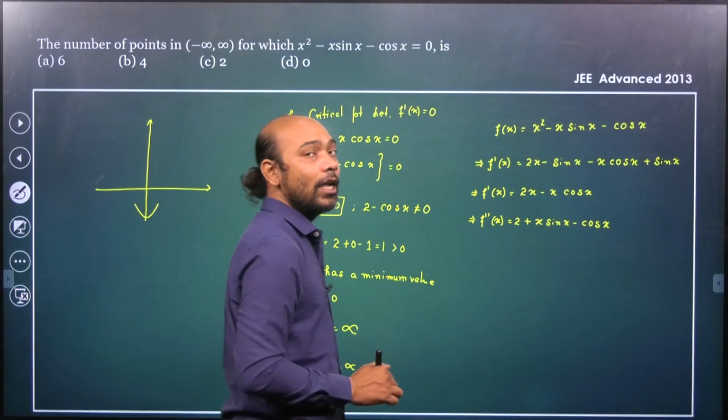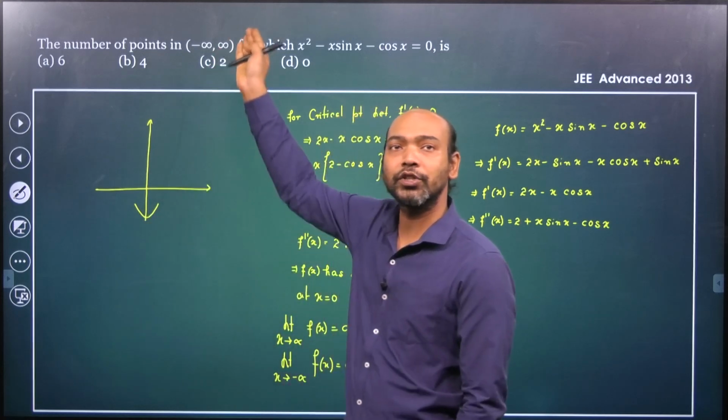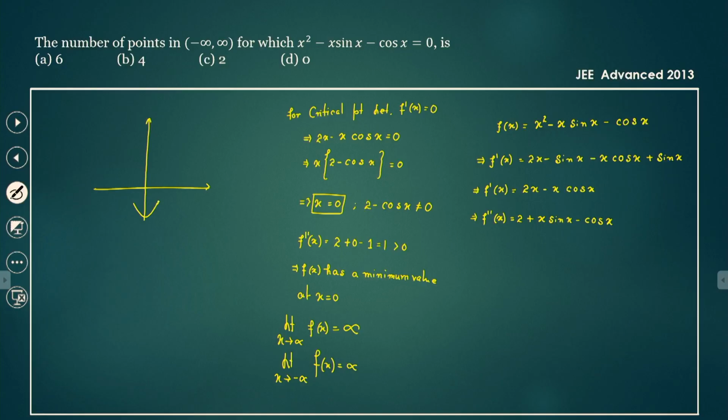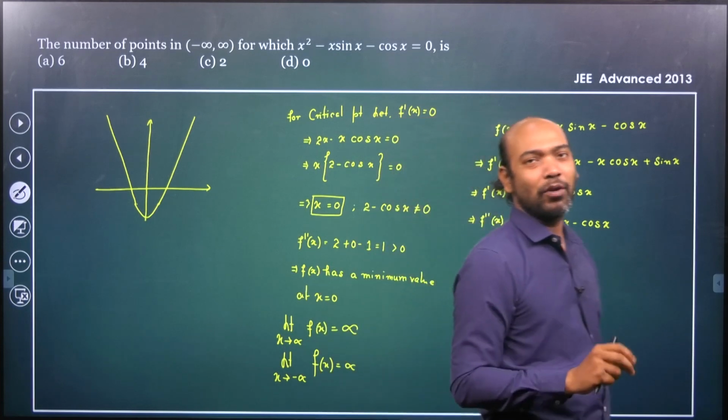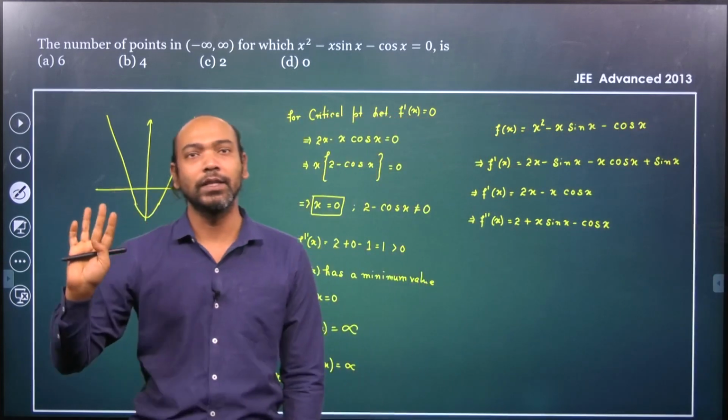That means if I go towards plus infinity or minus infinity, the function value goes to infinity. Therefore, we can easily say that this is the approximate plot of the function. Maybe there are little changes, but that will be the approximate plot of this function.